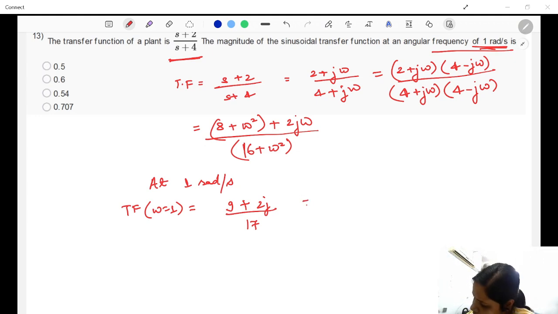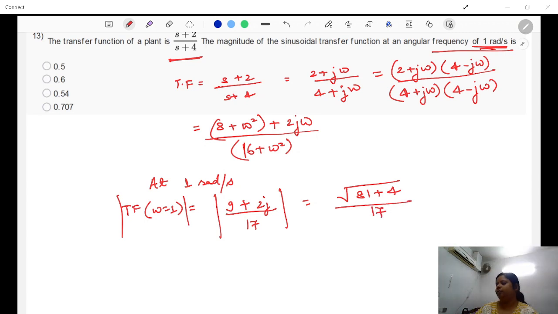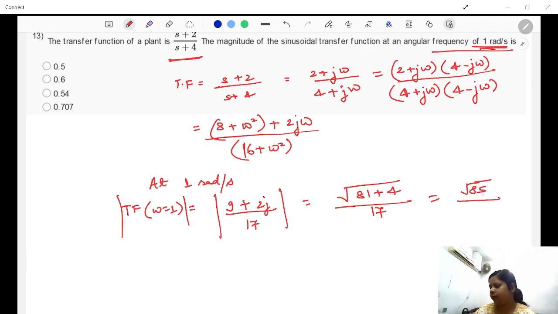Okay. Find out the magnitude. I'm trying to find the magnitude. It is square root of 81 plus 4, upon 17. What is the answer? 0.54.